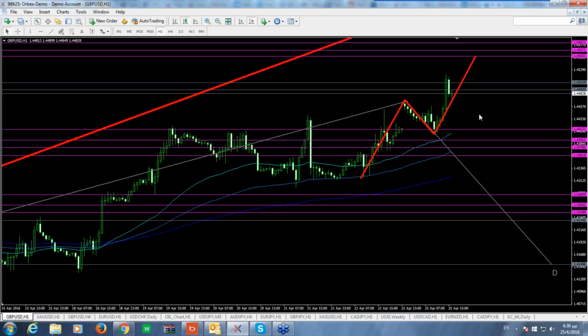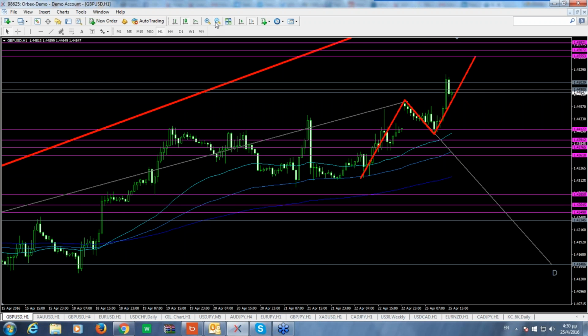So if anyone is buying at the moment and looking for more momentum to the upside, you should be looking at exiting at 4540 if you are on a buy, because 40 is 10 pips below the 50 psych numbers. So that's basically what's going on with the GBP USD.